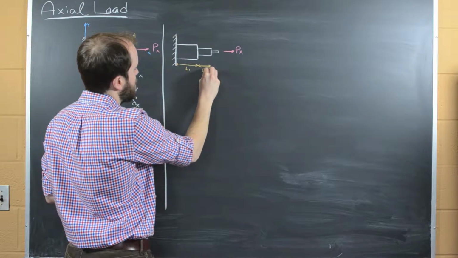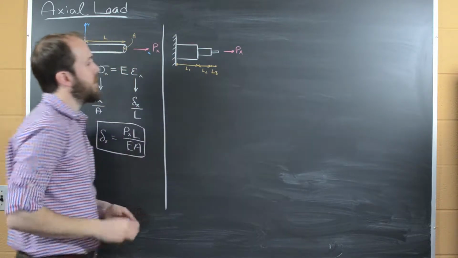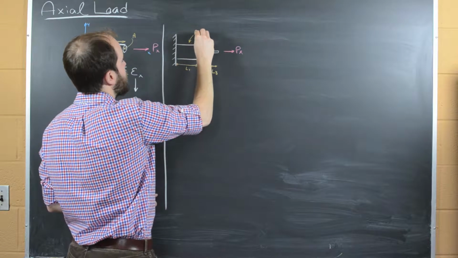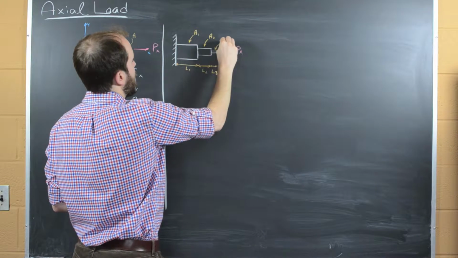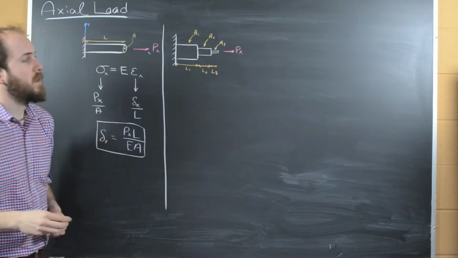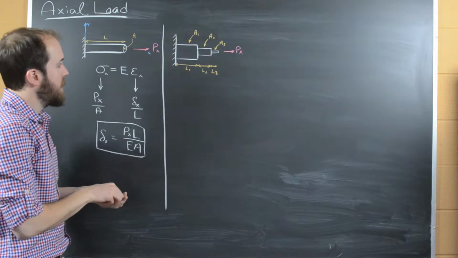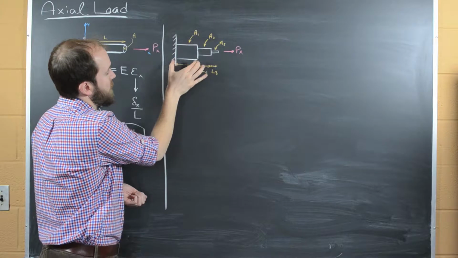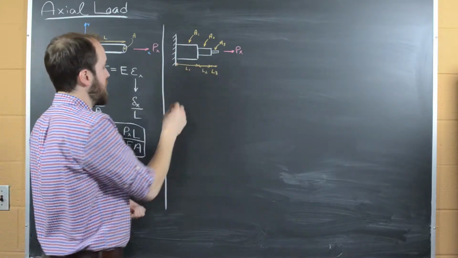Here's length 2. And here's length 3. And accordingly, these things change cross-sectional area as well. A1, A2, and A3. So the superposition principle says that because this is a linear relationship, we can treat each of these as a separate quantity, and if we add them up linearly, we can get the total deflection.